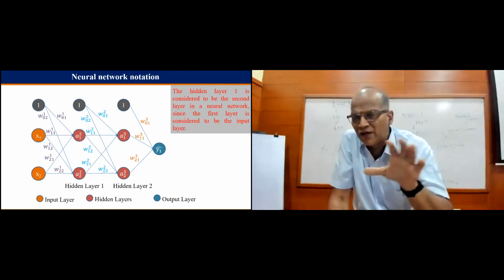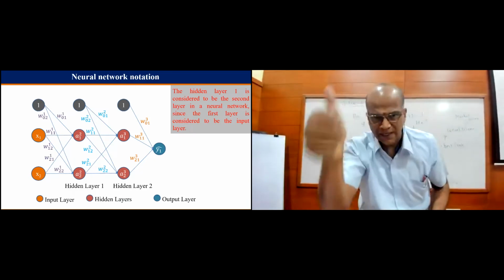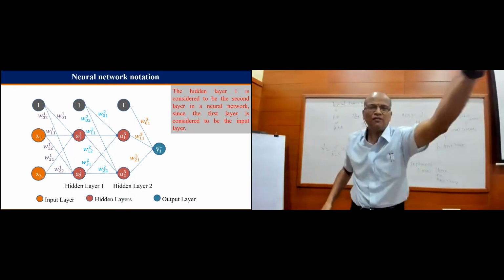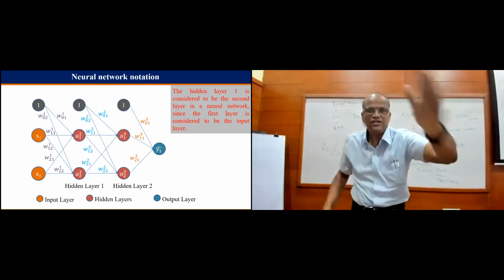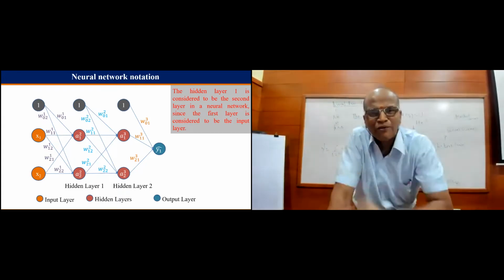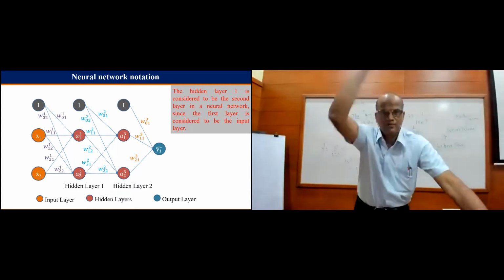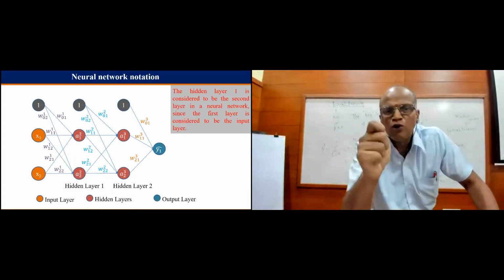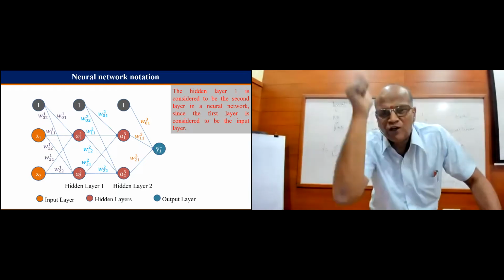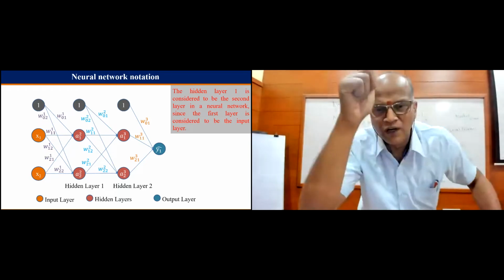So all the inputs for the third layer will have a superscript 2. Is that clear? So A13 gets the bias unit, with weight W01 superscript 2. From A12 the weight is W11 superscript 2, and from the bottom neuron A22 it is W21 superscript 2.